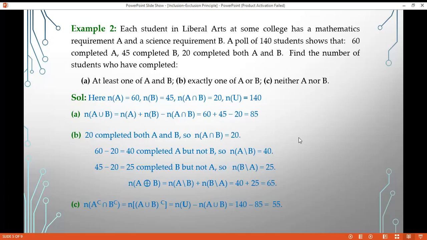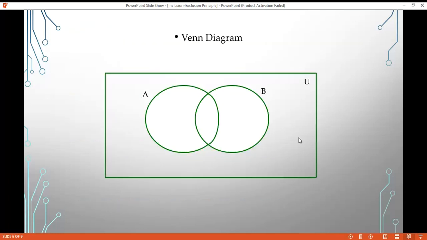So let's see how we can show this by the Venn diagram. Here we have the common part of both A and B, with 20 students, in only A we have 40 students, and in only B we have 25 students. In total A we have 60 elements and in total B we have 45 elements.